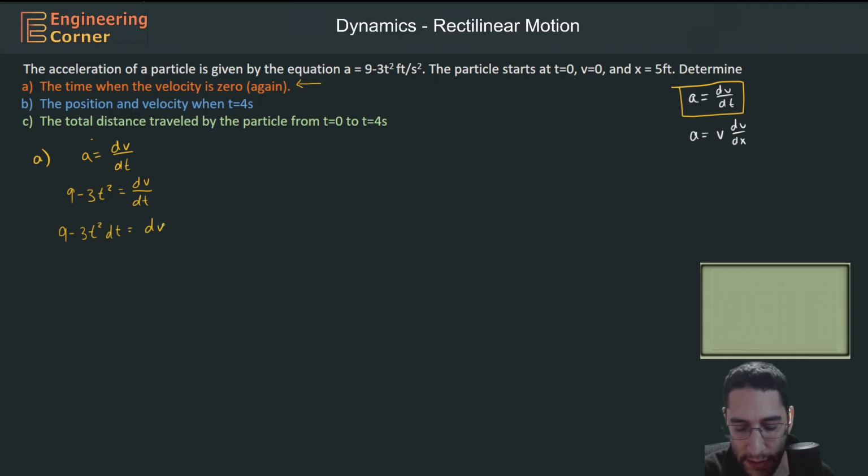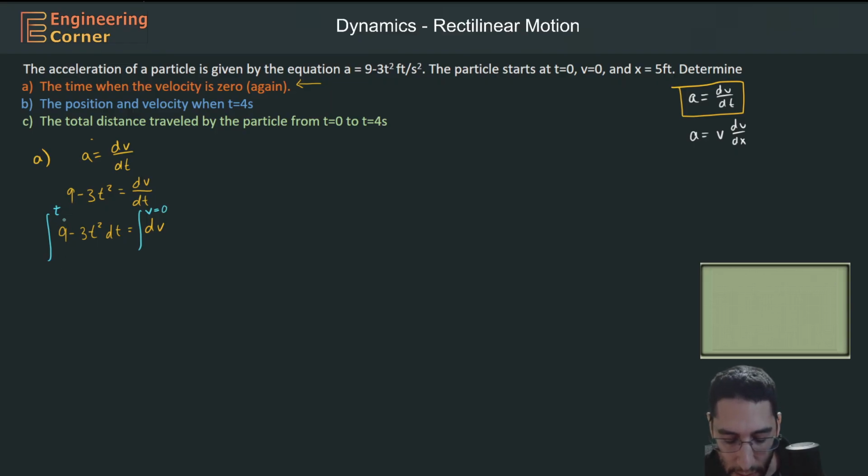Now when I integrate, the tricky thing I need to figure out is what my bounds of integration are. I'm trying to figure out a time when my velocity is 0. So for my time, I'm just going to go to some time that I'm going to be solving for, and I'm going to have a velocity which is equal to 0.